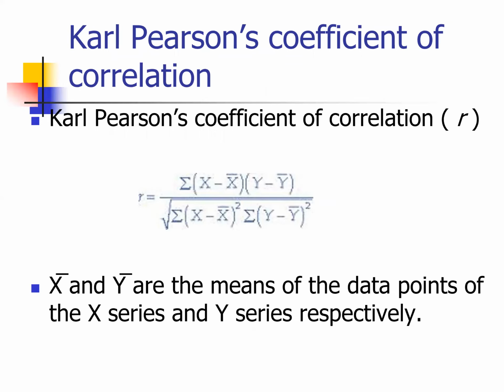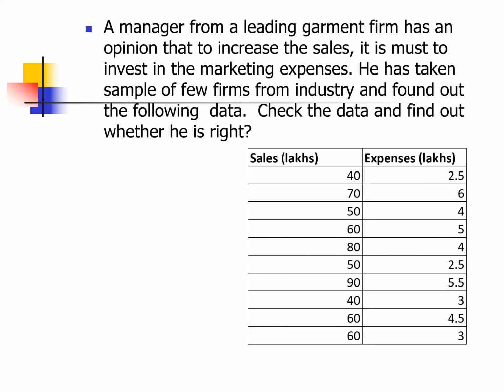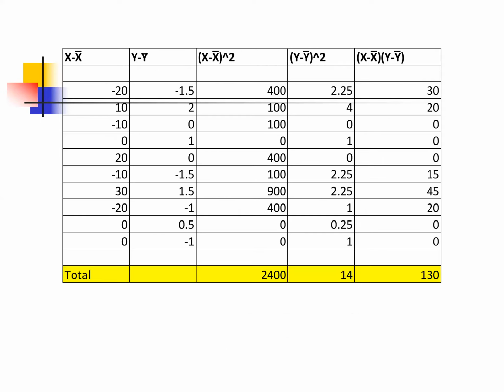For that, you need to calculate X bar and Y bar. So for this, the X bar, that is the mean for sales, is 60, and for expenses it is 4. If you calculate the values of X minus X bar, Y minus Y bar, (X minus X bar) square, (Y minus Y bar) square, and (X minus X bar) into (Y minus Y bar), we can take the summation of it and put these values into the formula, where you can calculate the value of R, which is 0.709.